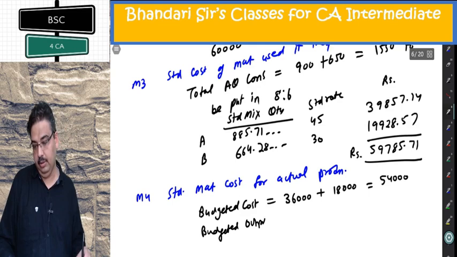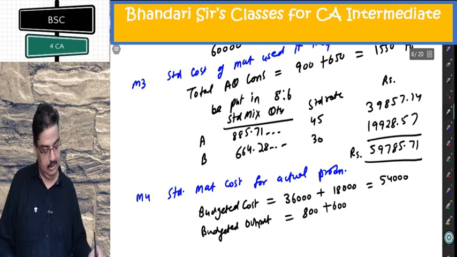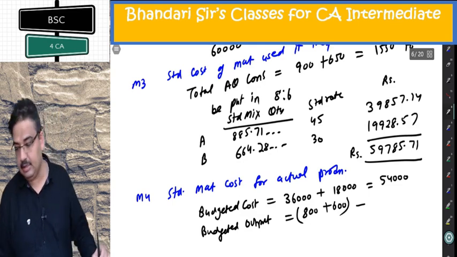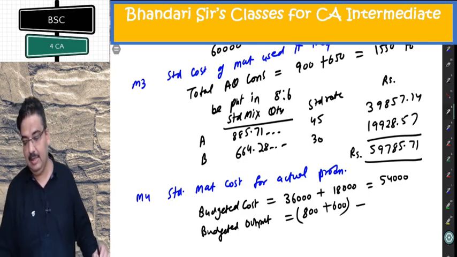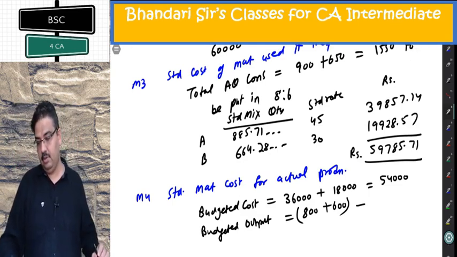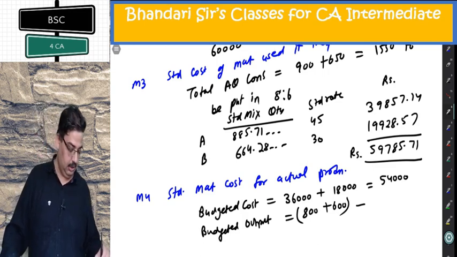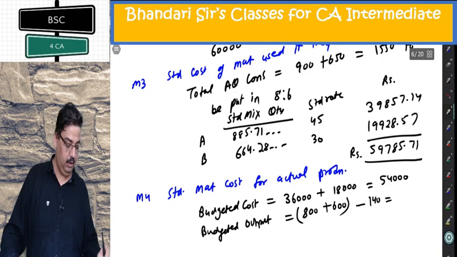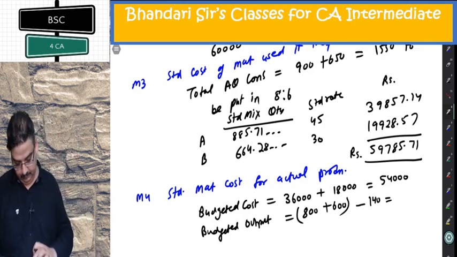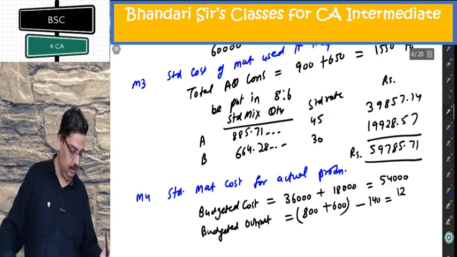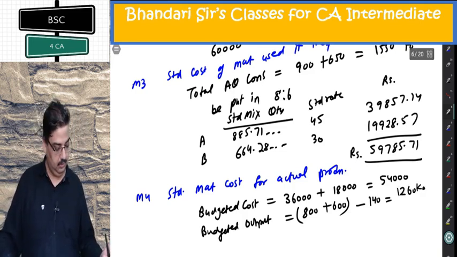Budgeted output 800 plus 600 minus normal loss 10%. 10% is normal loss there. 1400, 10% is 140. 1400 minus 140. I am getting 1260 kg.